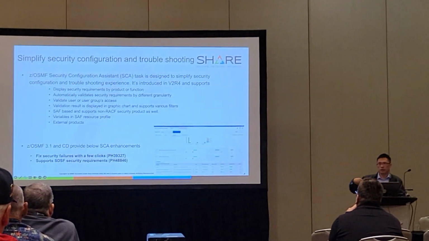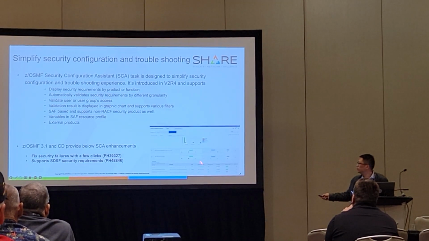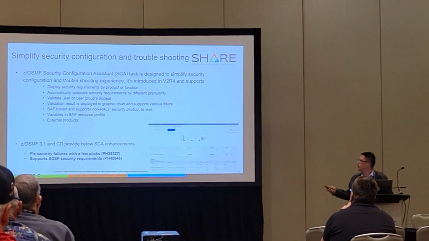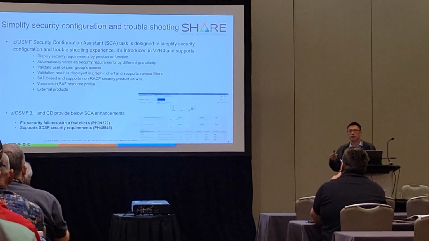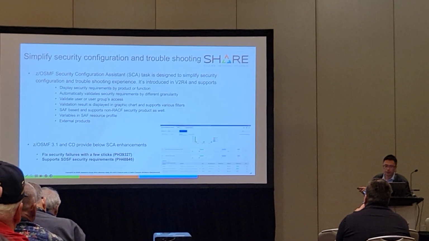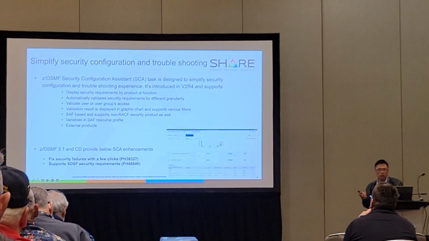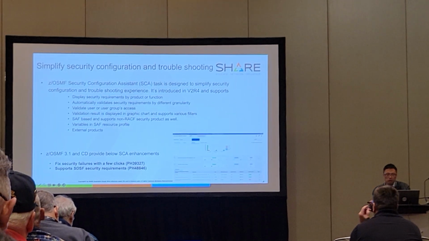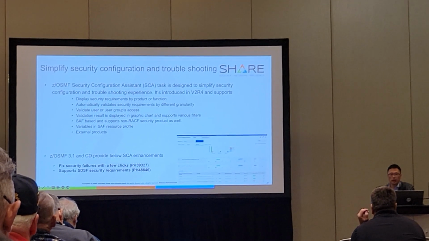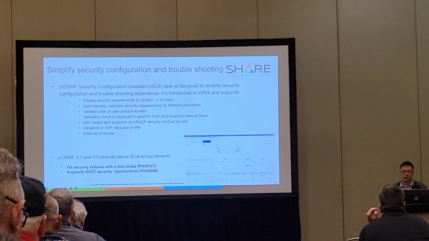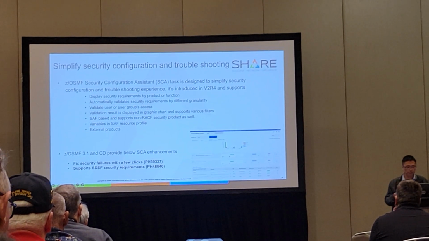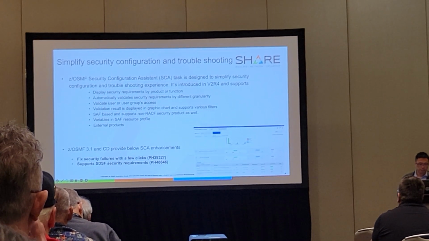Once you see all the security requirements in the graphical interface, you will be able to automatically validate them by user ID or by user group. It is also product-based, and therefore we provide a consistent user experience for different security products.